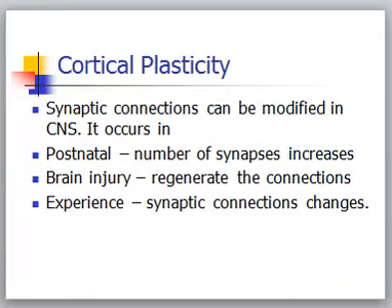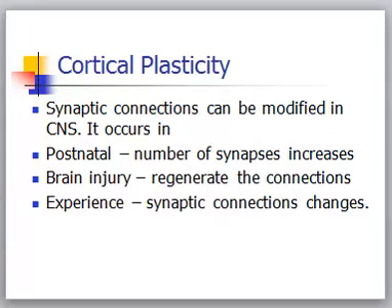Next, we are going to see about cortical plasticity. The basic element of the nervous system is the neuron. The neural connections are determined genetically, and once established, remain almost throughout life. However, in some special circumstances synaptic connections can be modified in the CNS, especially in the brain. This ability to modify is referred to as cortical plasticity.